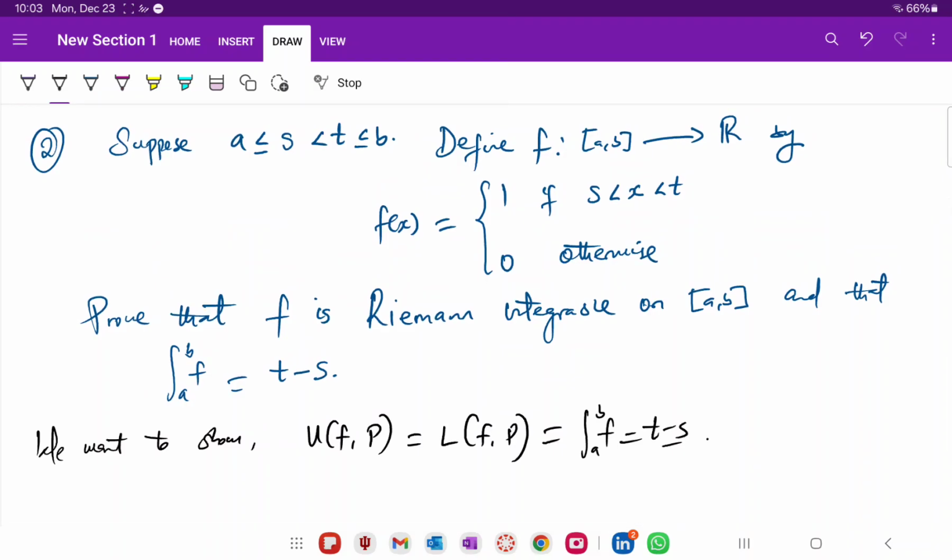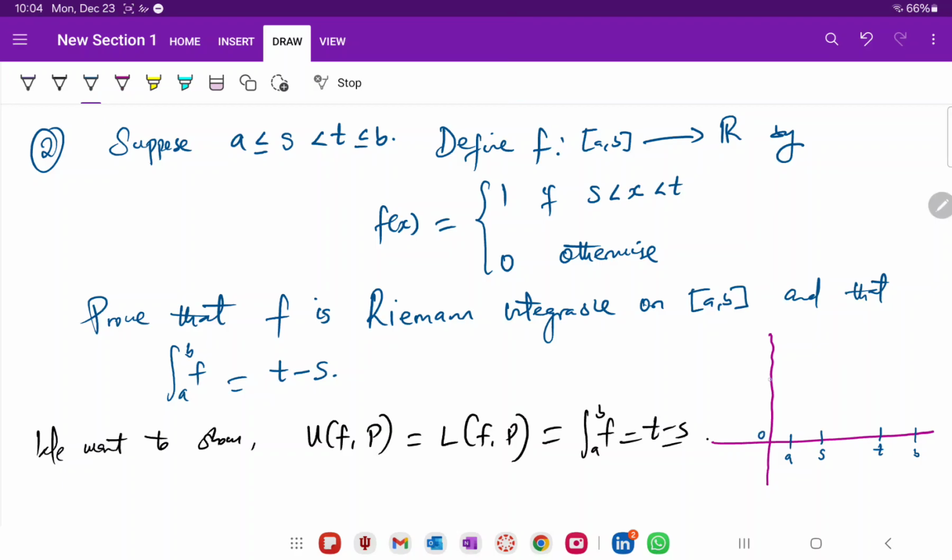So the first thing is to get the graph of this so that it can be easier for us to understand. This function is of this form. We have our a here, and then we have our b. In between we have x, let's say x is somewhere here, and then t can be somewhere here.